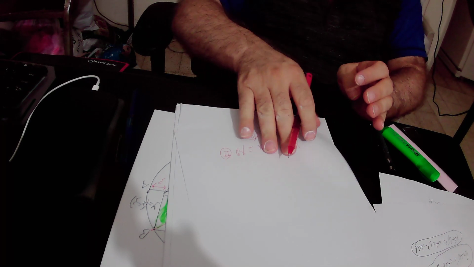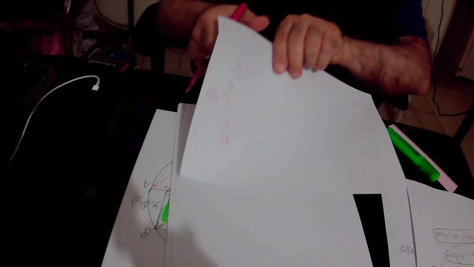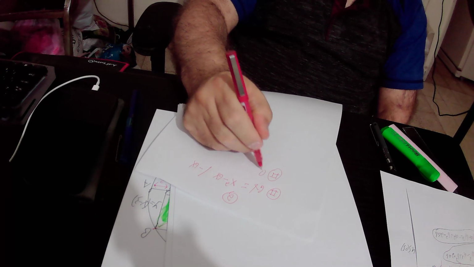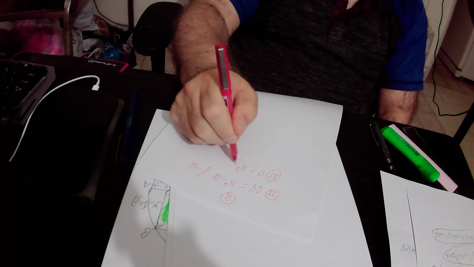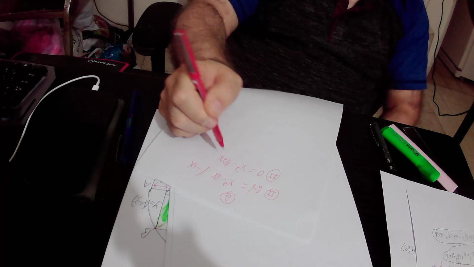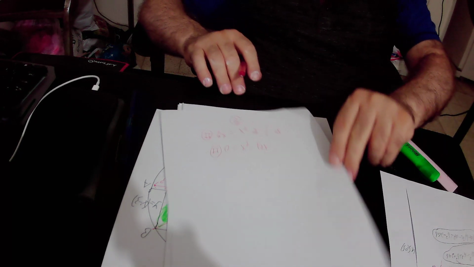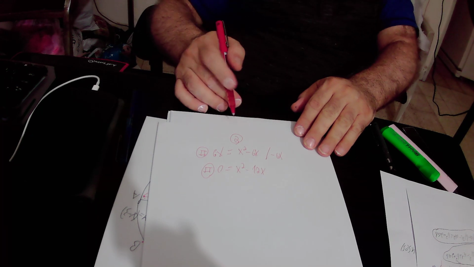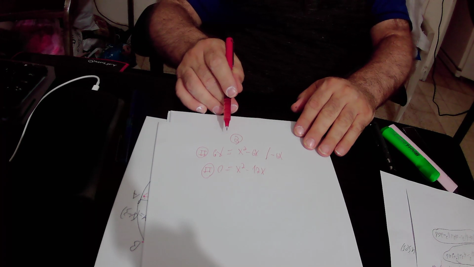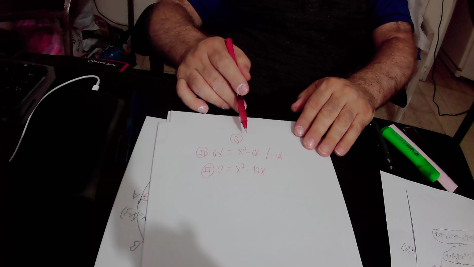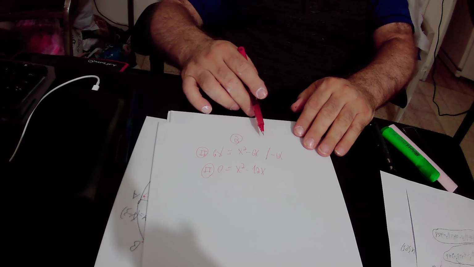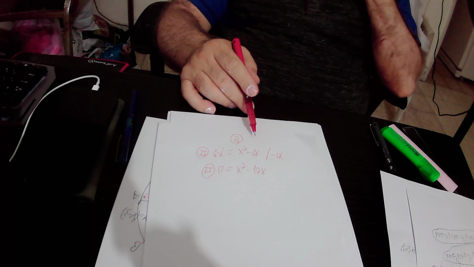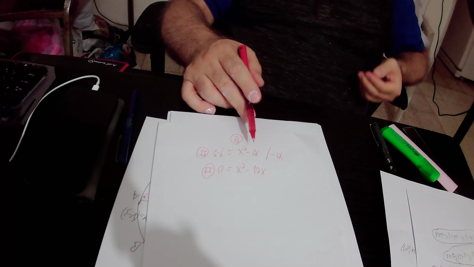So we subtracted 6x from both sides of the equation. So 6x minus 6x equals 0, and x squared minus 6x minus 6x equals x squared minus 12x, because minus 6x minus 6x equals minus 12x.